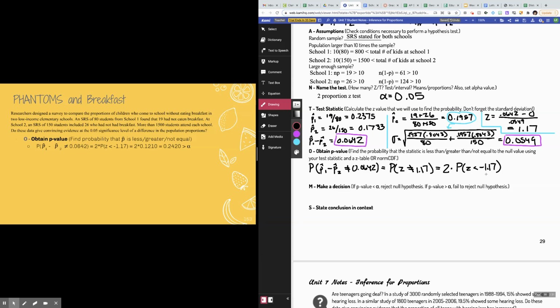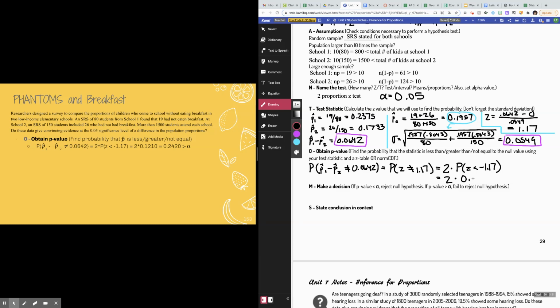Because the negative version of your test statistic is easier, and the less than probability is easier to find than a greater than probability when you're using a z-table, right? So this is 2 times, and then that probability from, I think I got it from my calculator.